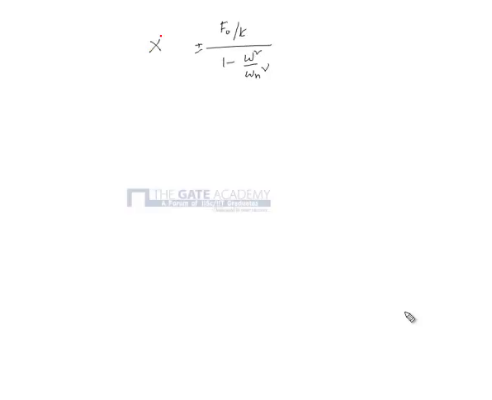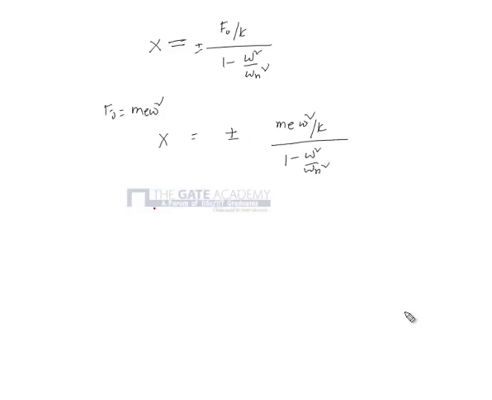This is my x. Now F0 I have found out, which is me omega square. Let's substitute all this into x, so the amplitude becomes me omega square by k by 1 minus omega square by omega n square.